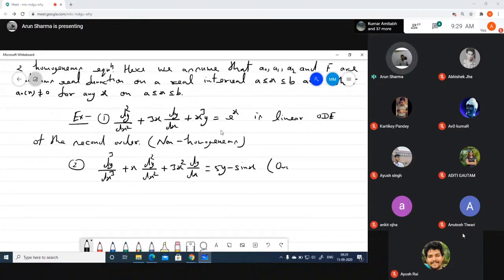So this is order 3, a linear equation, linear non-homogeneous.